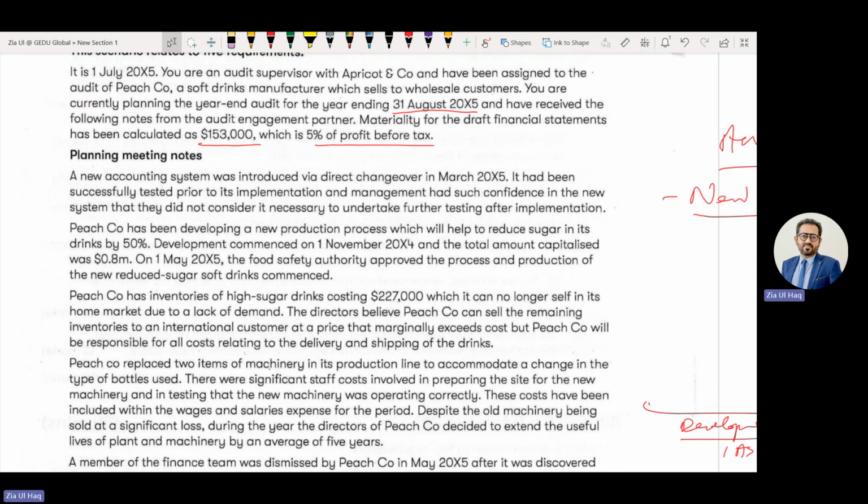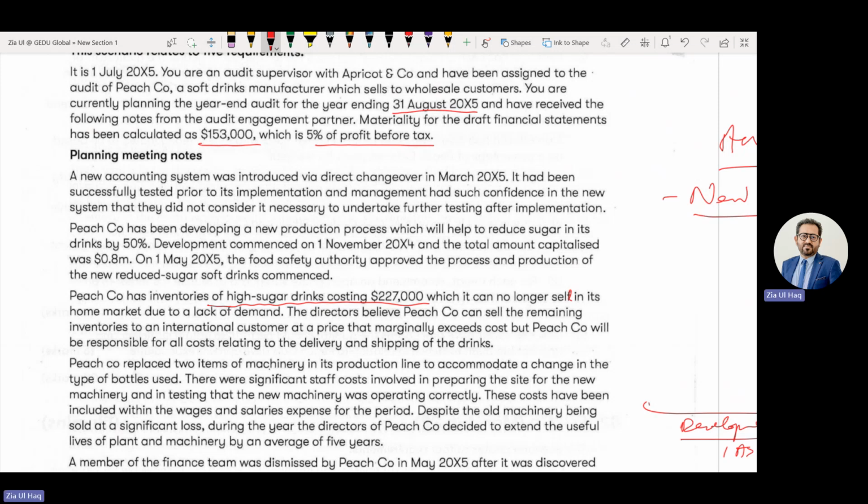Peach company has inventories of high sugar drink costing 227,000, which it can no longer sell in its home market due to a lack of demand. If there is no demand, this needs to be reduced down to scrap value.